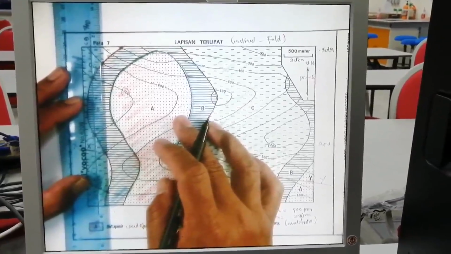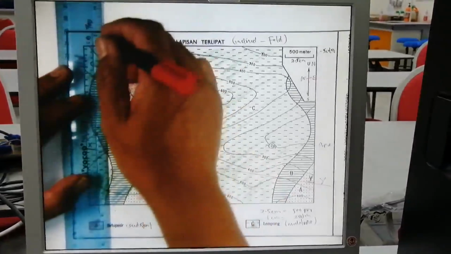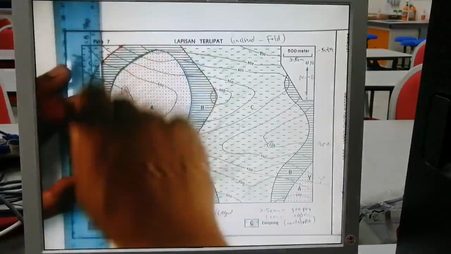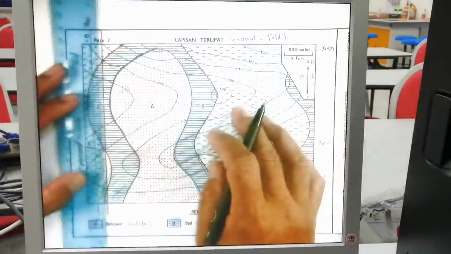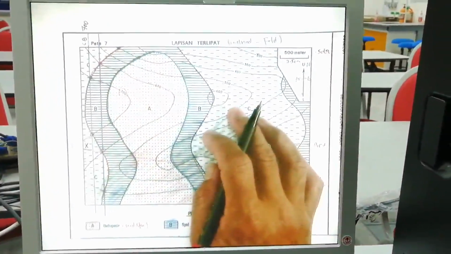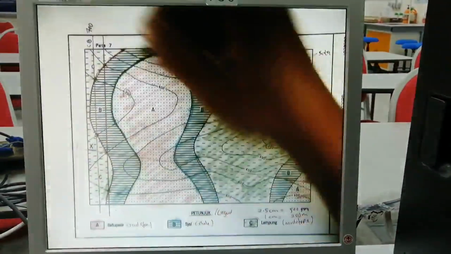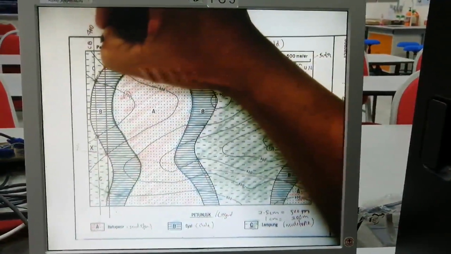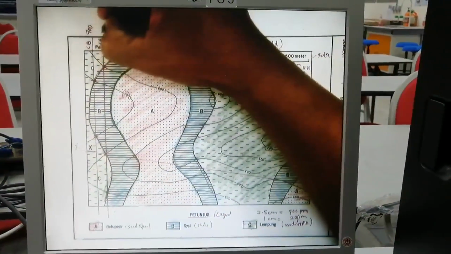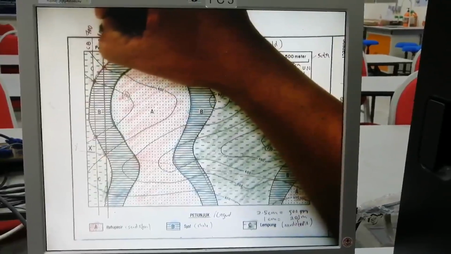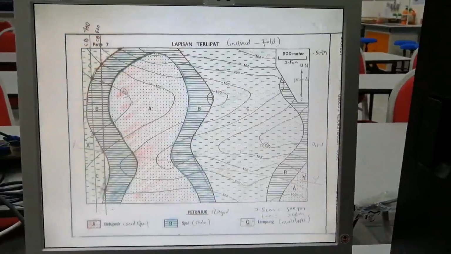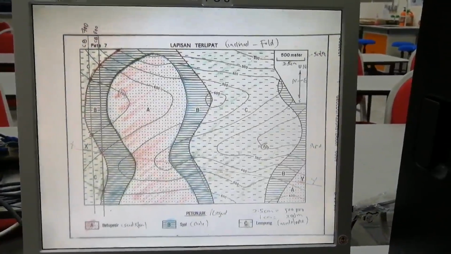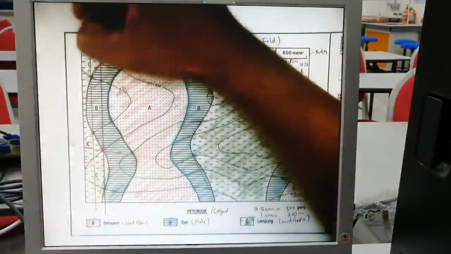So here we generalize that this bedding plane has a similar dip angle. So this is CB 600. You can see it, CB and 600. So here you have two straight lines.